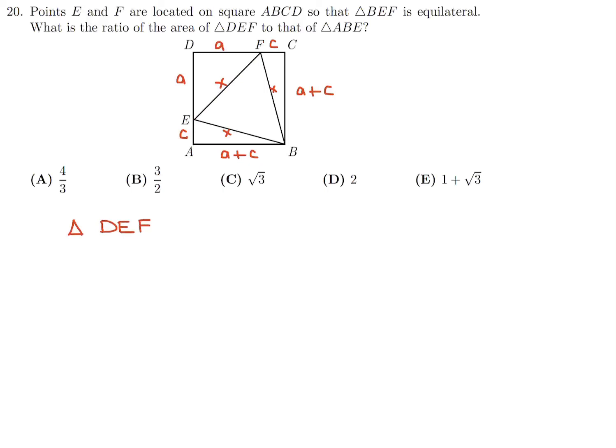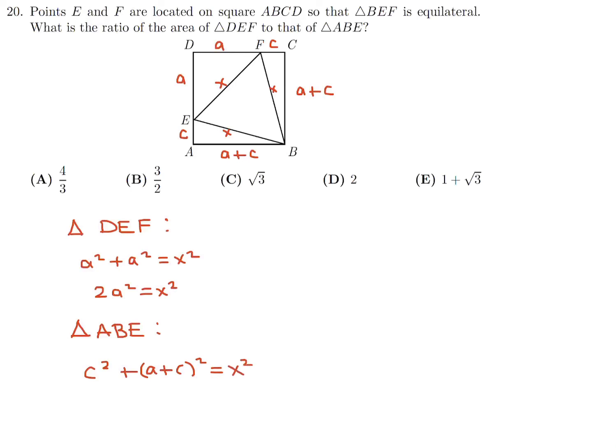triangle DEF, we've got a squared plus a squared is equal to x squared. And therefore, 2a squared is equal to x squared, like that. And then in this triangle right here, which is basically ABE, triangle ABE, like that, we've got c squared plus (a plus c) squared is equal to x squared.